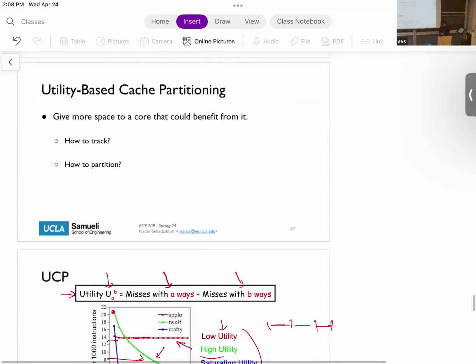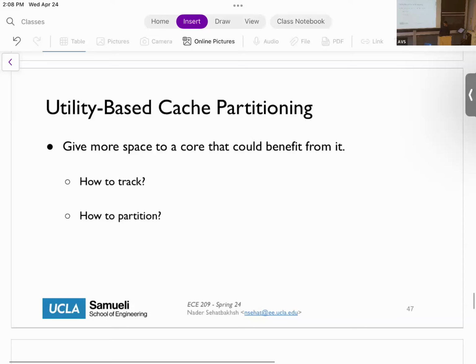All right, so going back to the last thing we were discussing, a few slides remaining from this part. I need to finish this. If you remember, we were talking about cache partitioning between multiple different cores. The reason was that cores might demand more cache space, but we cannot just give it to them because some of these applications may not use cache properly.